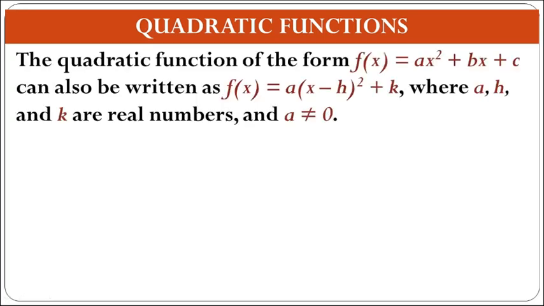So the quadratic function of the form f of x is equal to ax squared plus bx plus c can also be written as f of x is equal to a times the square of x minus h plus k, wherein a, h, and k are real numbers and a is not equal to 0.